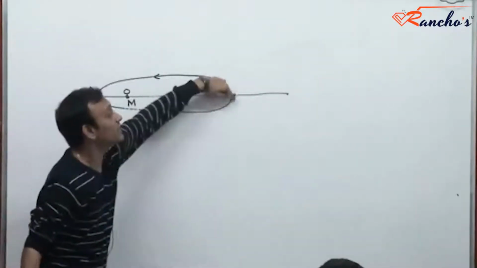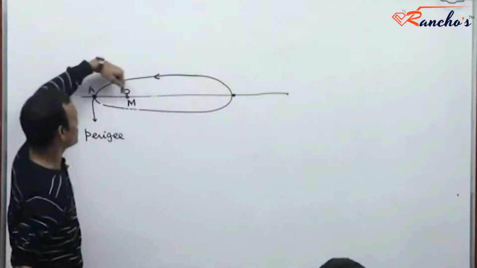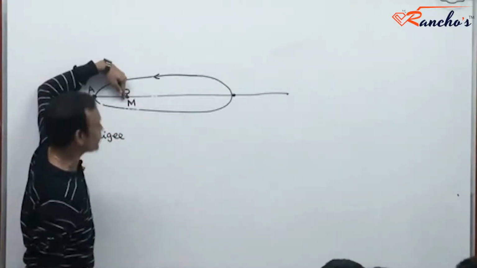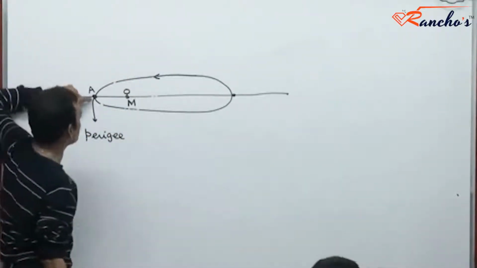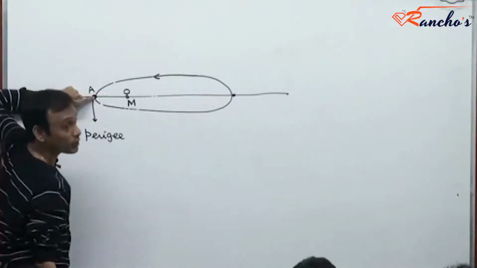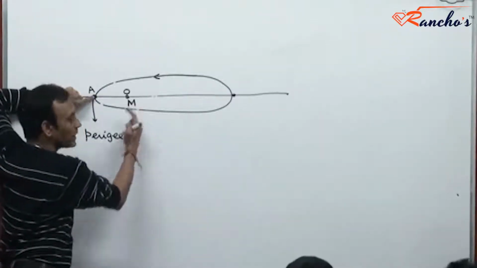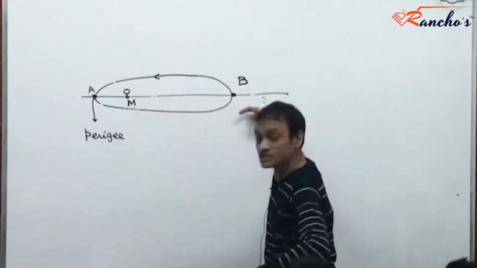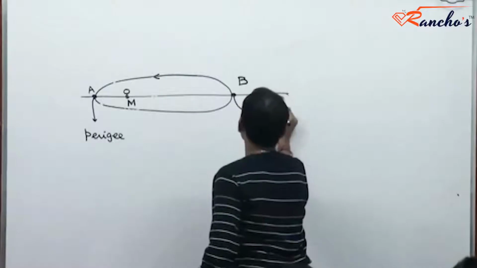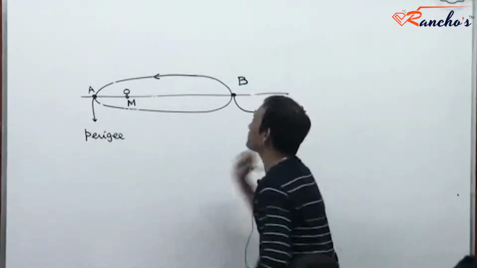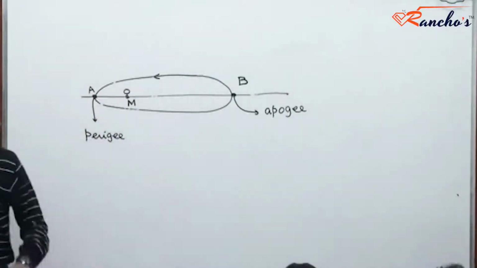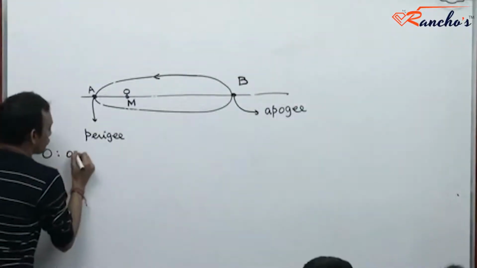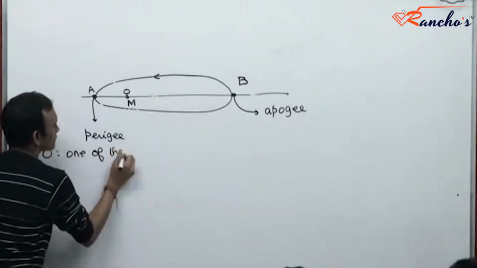So if there is a mass executing an ellipse with another gravitating mass at one of the foci, then in its elliptic journey, there is a point A which is closest to M, called the perigee, and there is a point B which is farthest from M, called the apogee. The point O is one of the foci of the ellipse.